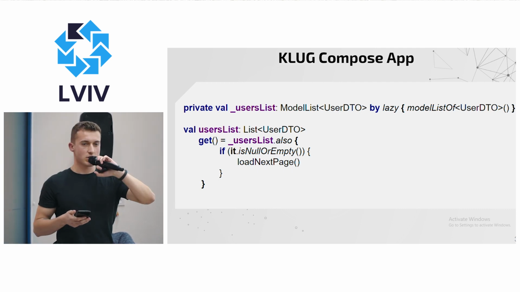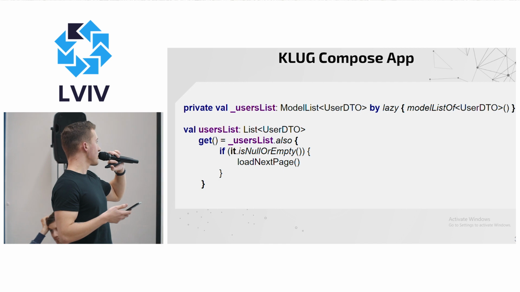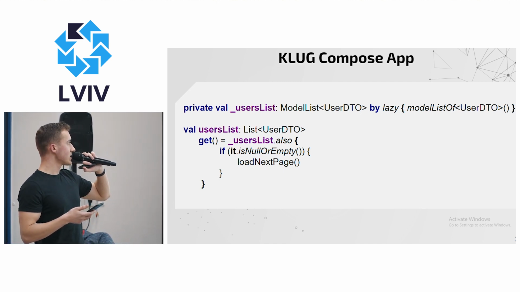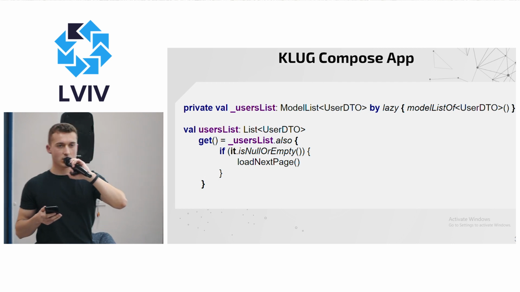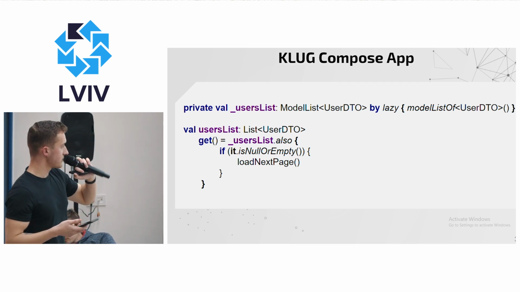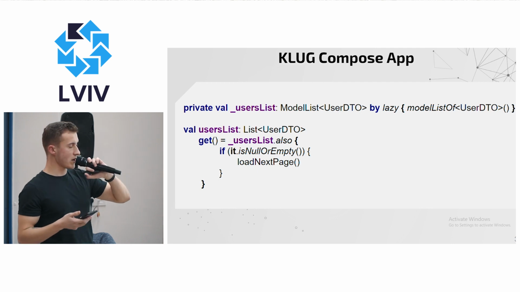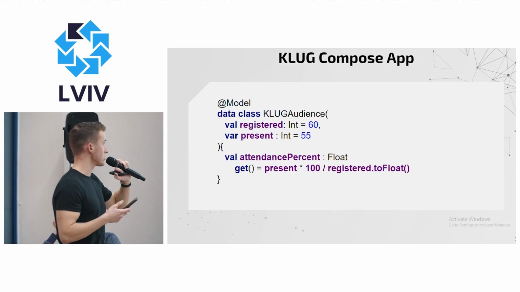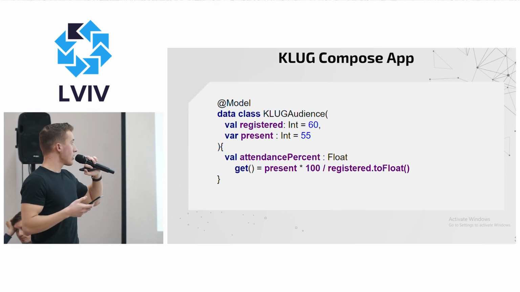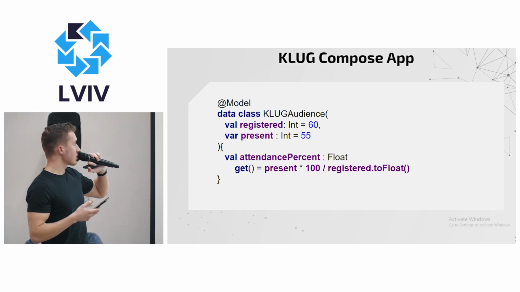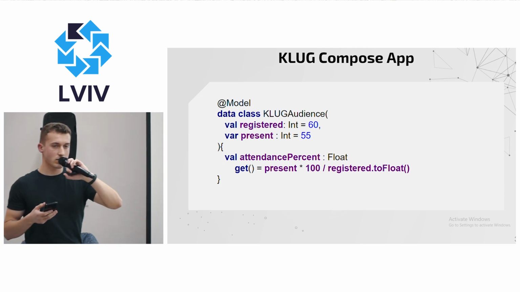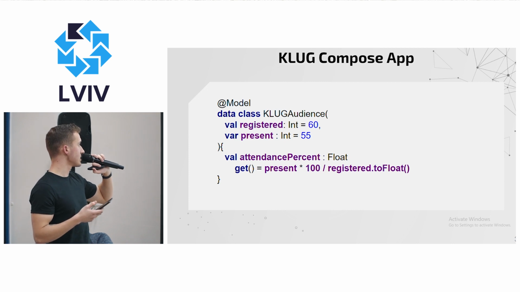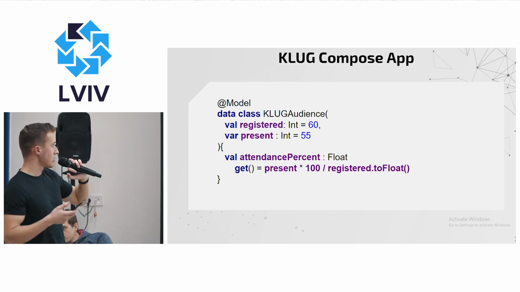Let's see the implementation of our view model. We have a users list here, and you can notice that this list is of type ModelList. What is ModelList? I will try to explain using this simple example. We can see here a ClockAudience data class that is annotated as Model. What does this annotation do?